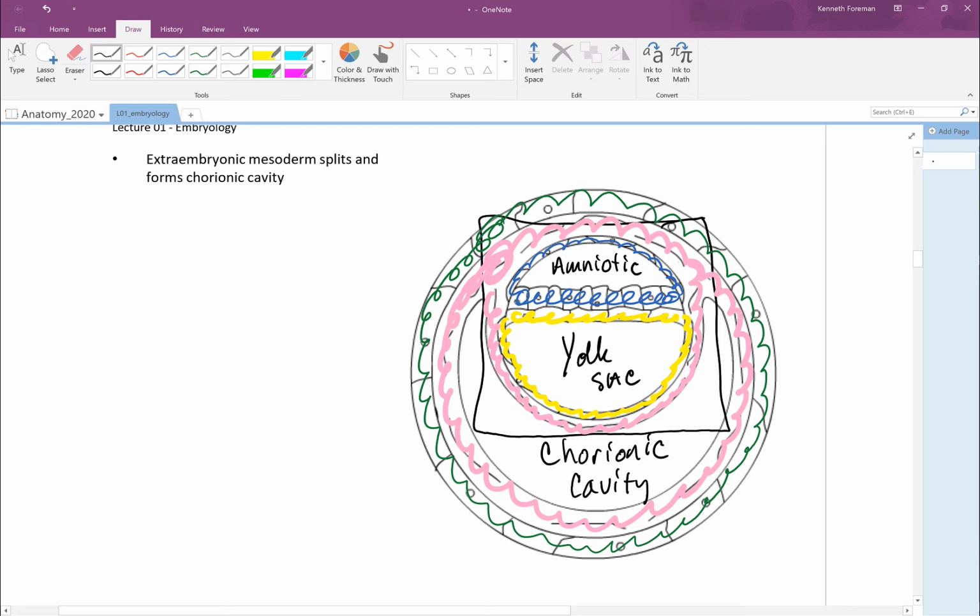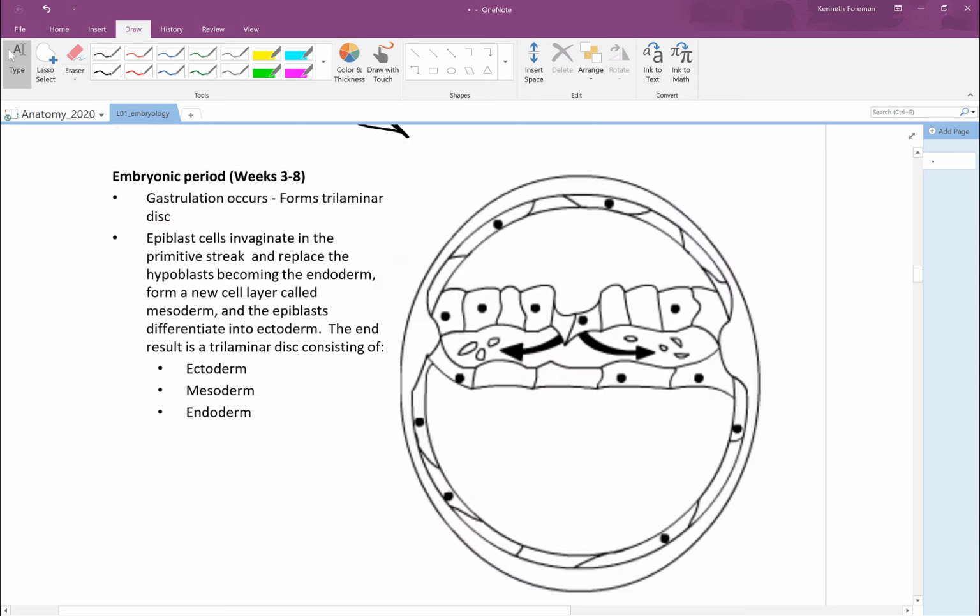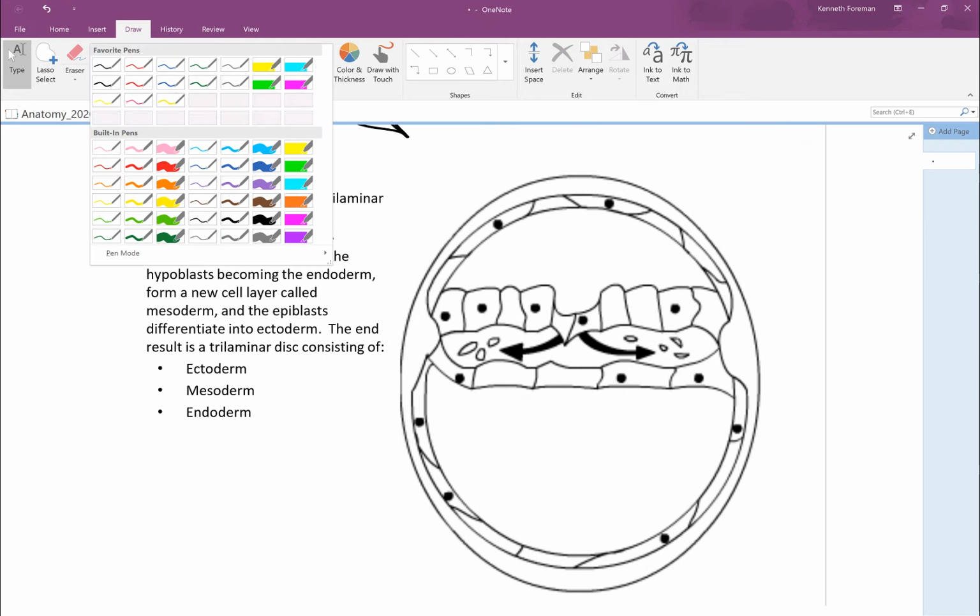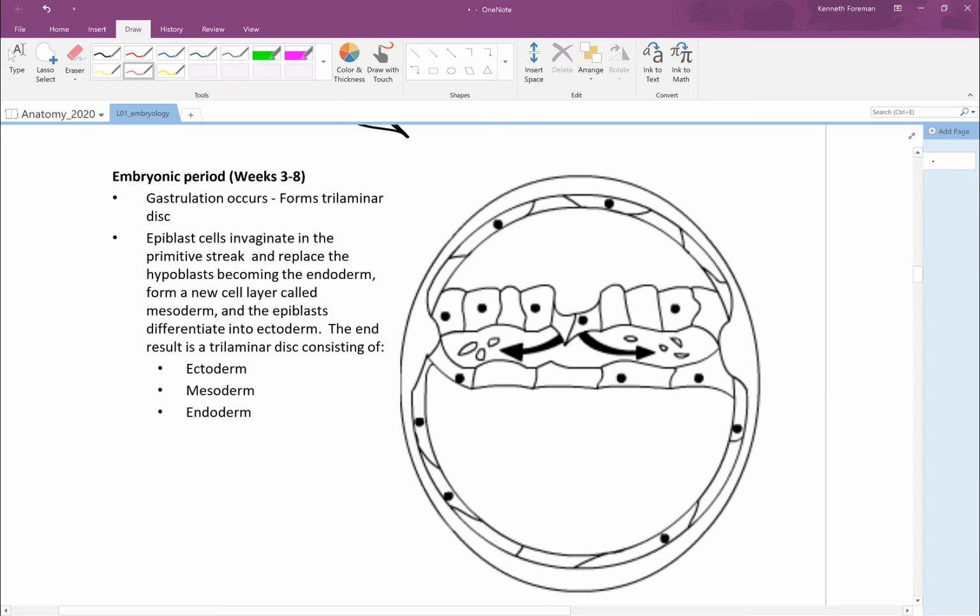And that's what we're going to draw from now on, is just that segment. So what you're seeing here, based off of that previous picture, is around here we have our extra embryonic mesoderm.